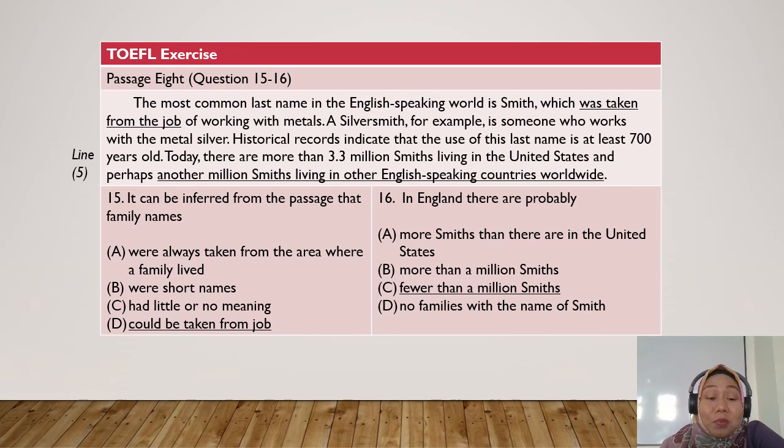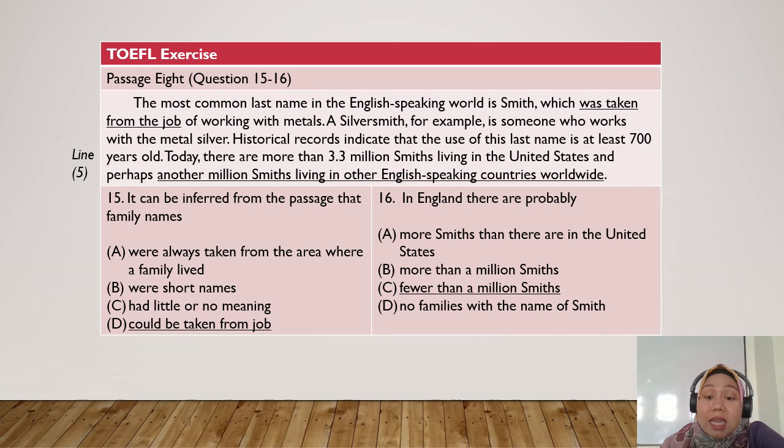So the answer for number 15 is D, could be taken from job. We can read it in the first sentence in the passage. The most common last name in the English-speaking world is Smith, which was taken from the job of working with metals. So it can be inferred from the passage that family names could be taken from job.